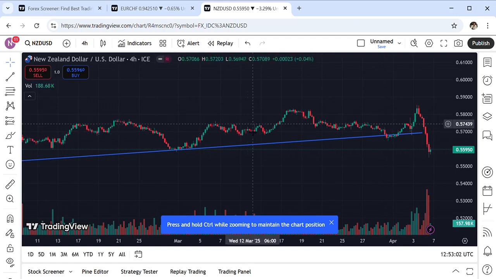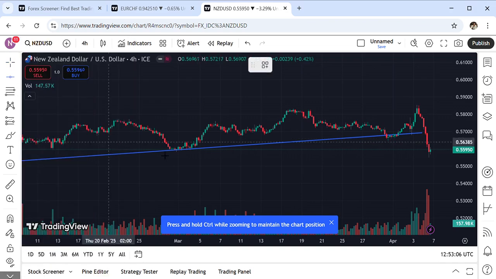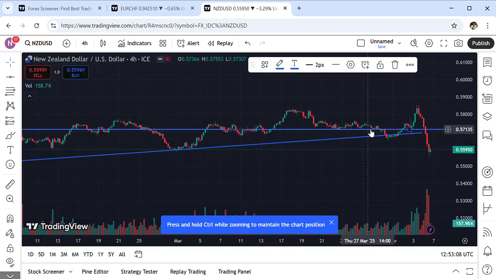So here we can see a head and a shoulder. This is the head and this is the shoulder. This is the shoulder. But if you look at this shoulder, you see that this shoulder is much lower than this particular shoulder.